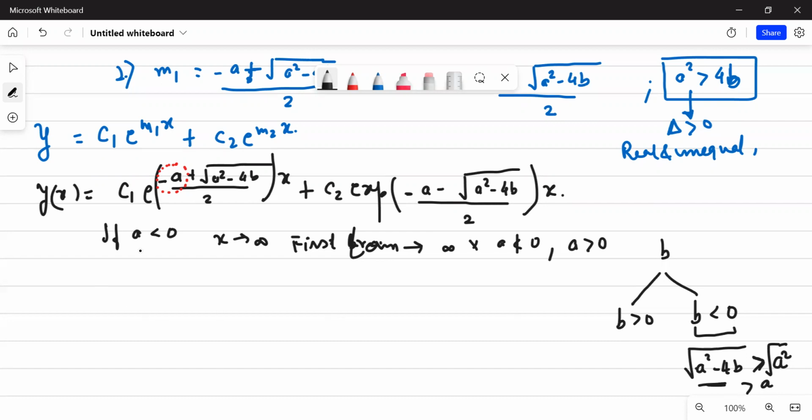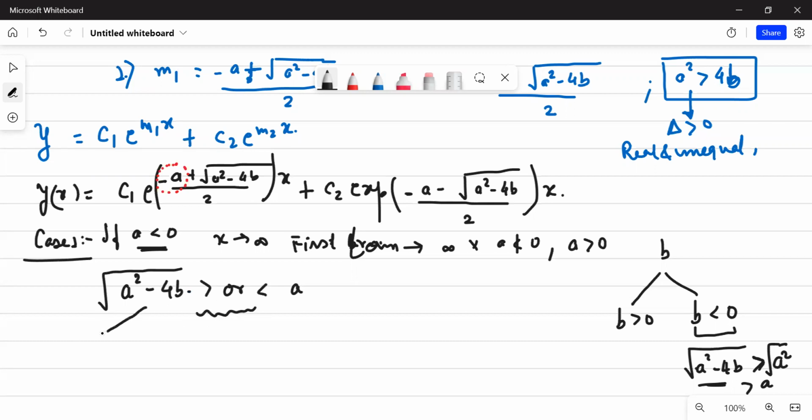Case one I'm considering, so that it becomes clear to you. If a is less than 0, then the first term would go to infinity for sure. What about the second term? For the second term, we need to find whether a square minus 4b is greater than or less than a. In order to find that, first we need to be sure what the sign of b is.